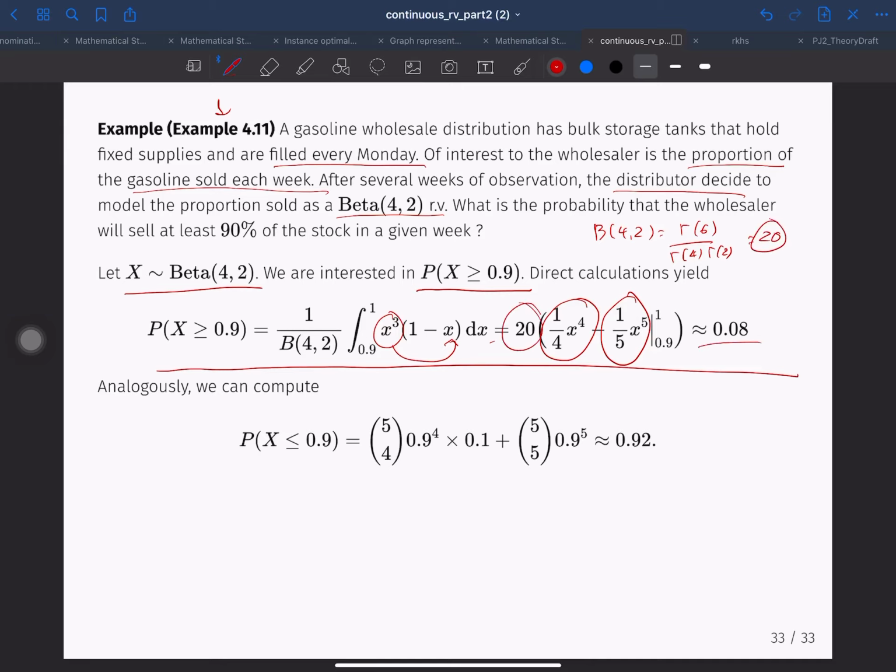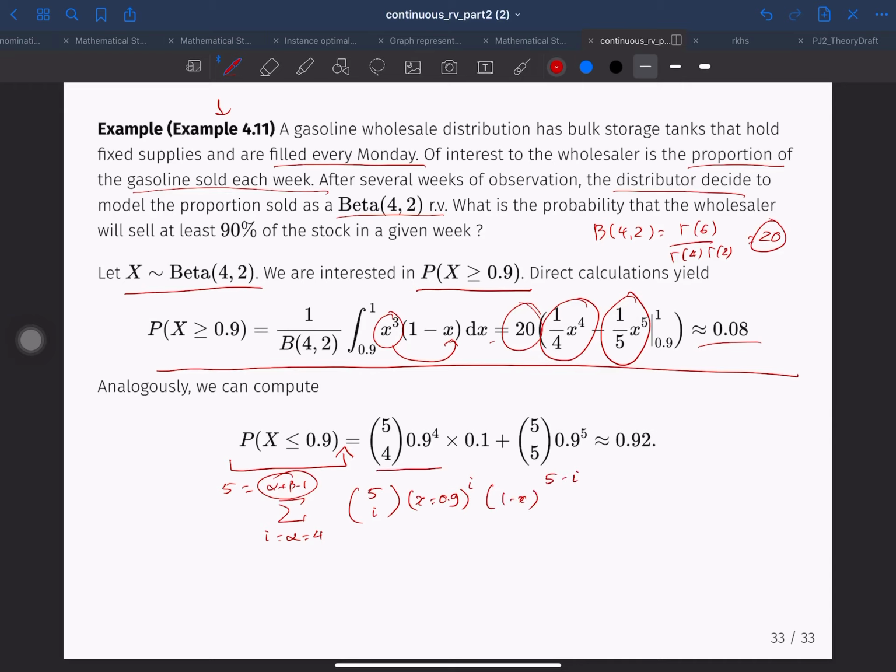Similarly, you can evaluate the probability that X is less than or equal to 0.9, in which case you want to sum over i equal to alpha, so i equal to 4, up to alpha plus beta minus 1, which is the same as 5. And then you will have 5 choose i, times x, which is now 0.9, to the power of i, and then 1 minus x to the power of 5 minus i.